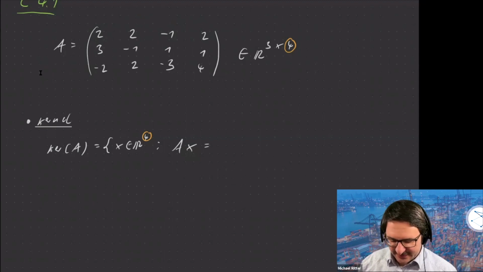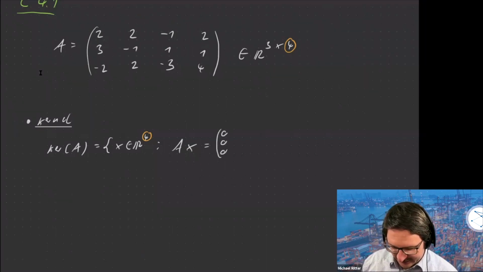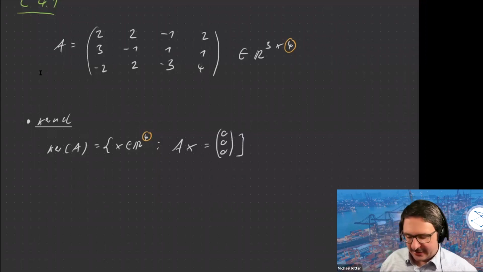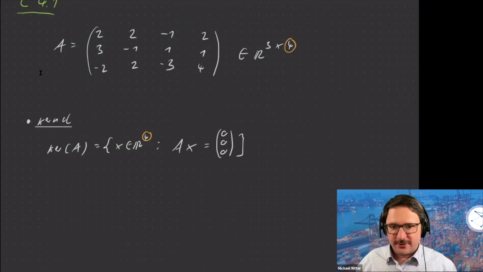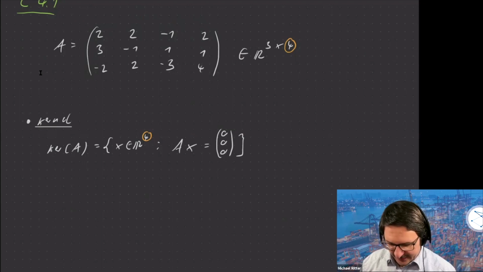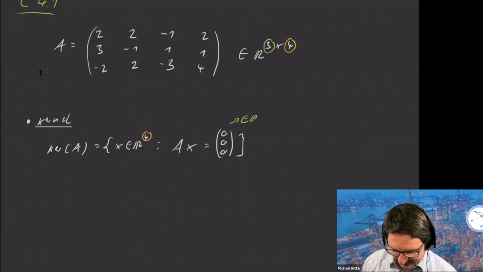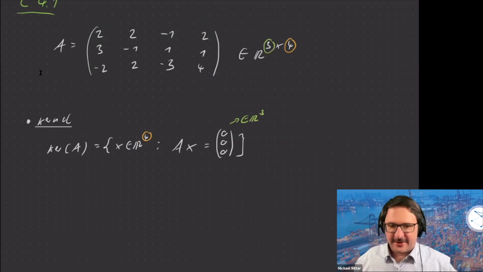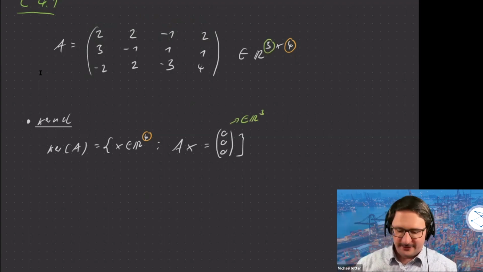And that means the 0 vector here explicitly would be the vector 0, 0, 0. So in general, the kernel is the solution of the system of linear equations A times x equals 0. And again, that row number is reflected in the fact that this has 3 rows.